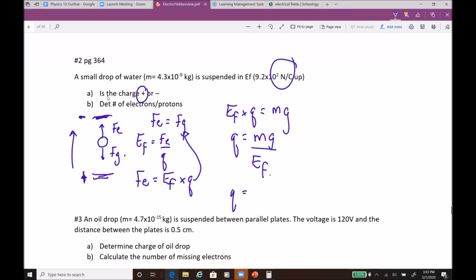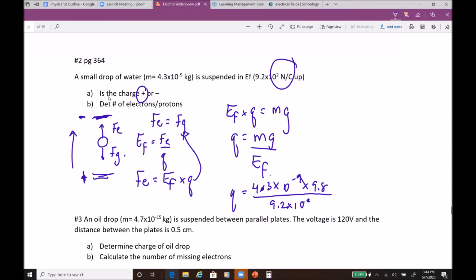So Q would be the mass, 4.3 times 10 to the minus 9, times g, over the electric field, which is 9.2 times 10 to the 2 newtons per coulomb.